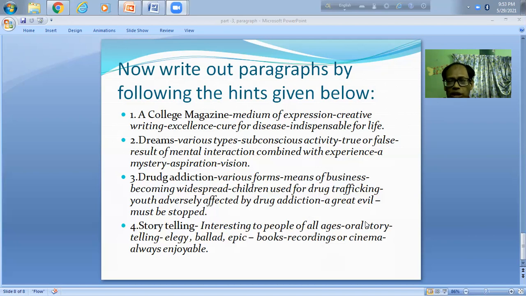So in our subconscious mind, according to Sigmund Freud, we dream on the basis of our experience. When we do something in real life, our mind is still active when we sleep.